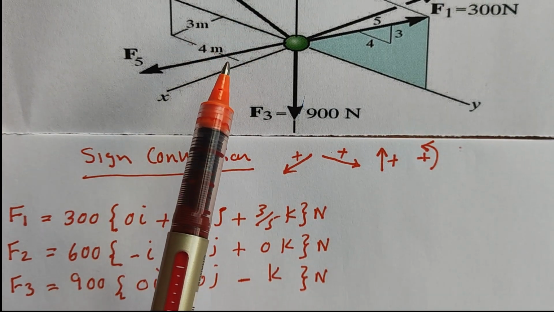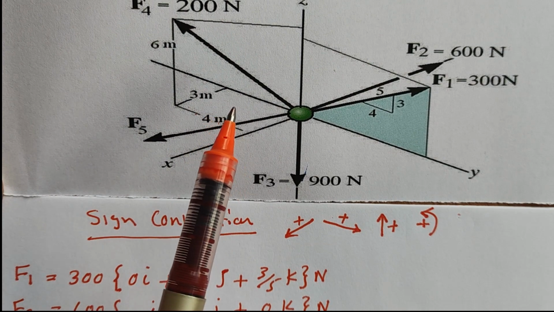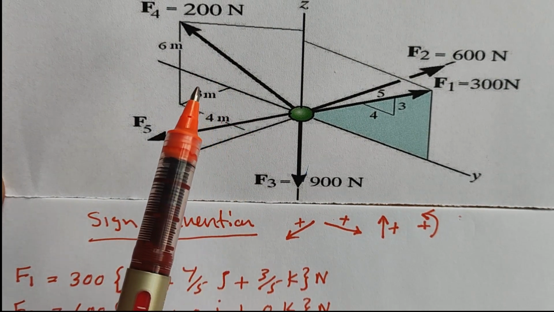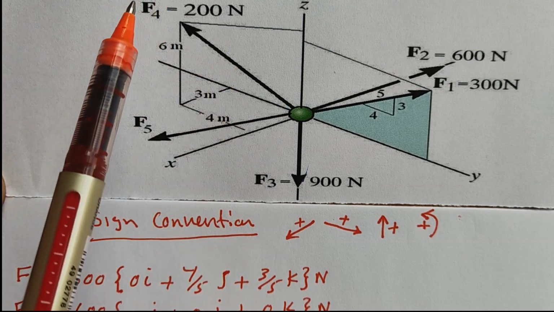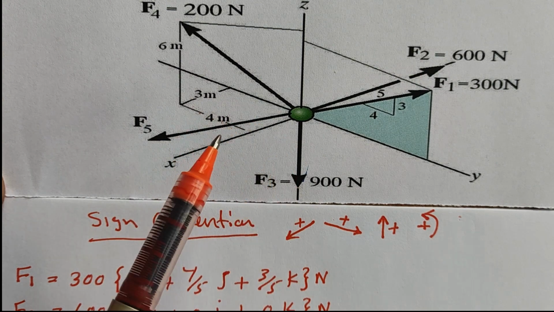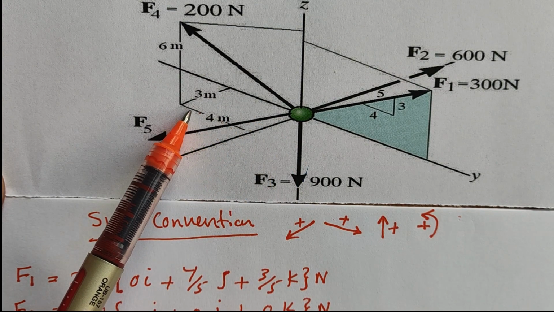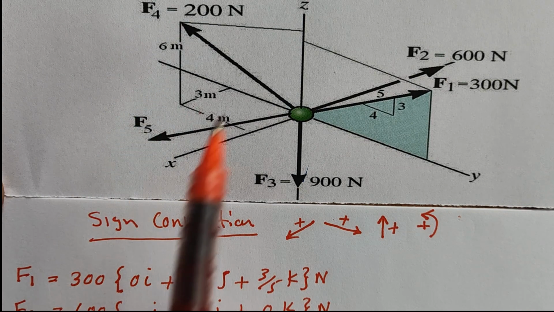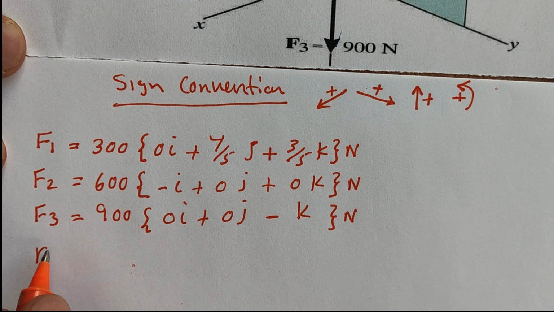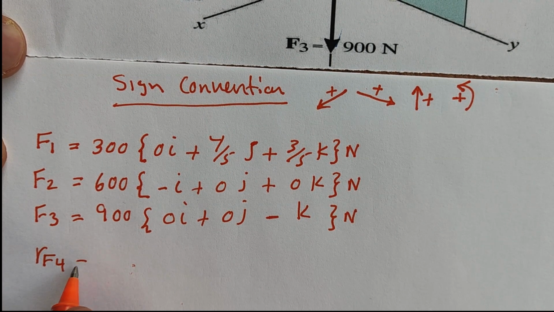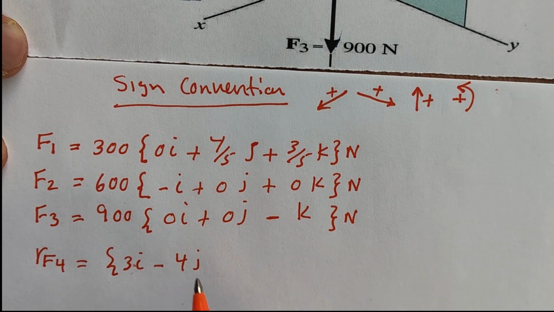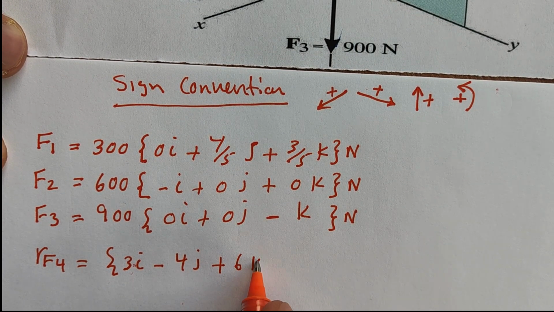For F4 we've got coordinates, therefore we have to pay attention to this. We have to get the position vector first, then we find the magnitude for F4 in order to represent F4 itself in a Cartesian form. In this case we have 3 meters on the positive x-axis, 4 meters on the negative y-axis, 6 meters on the positive z-axis. Now we say R, the position vector for F4, equals 3i minus 4j plus 6k.